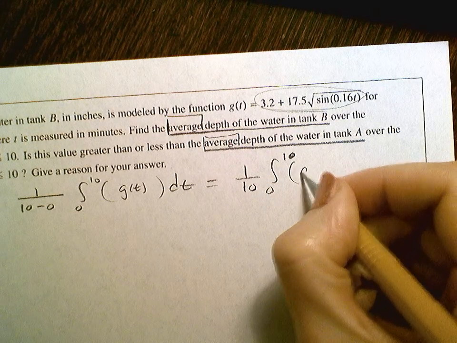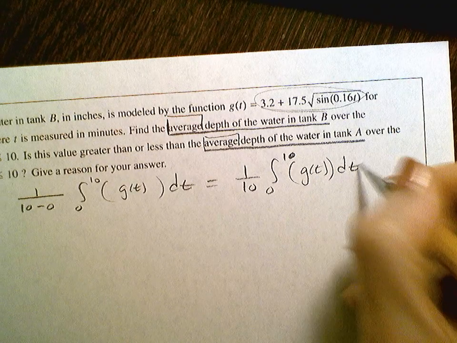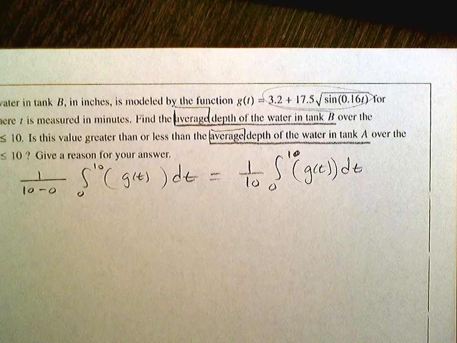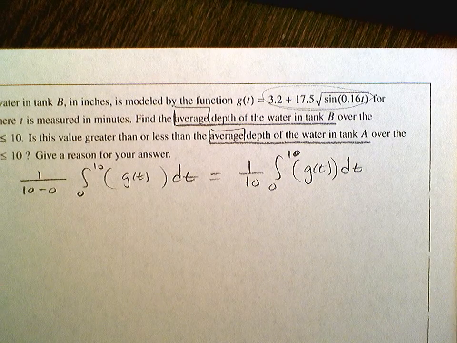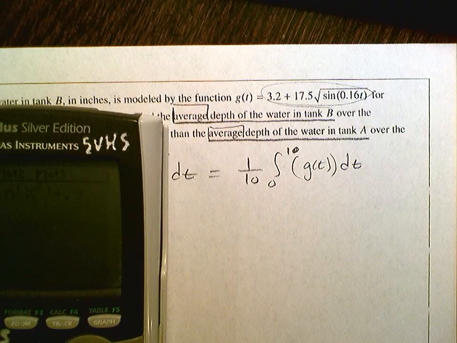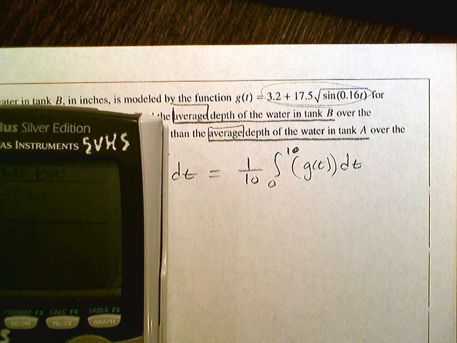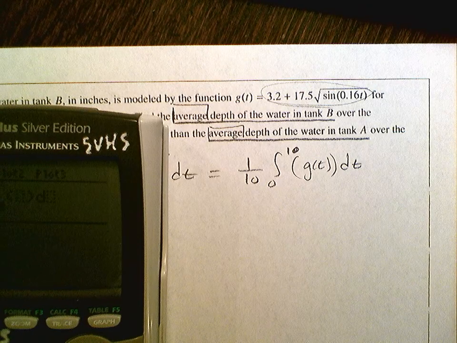But since they've already defined it, you can just go like this, guys, if you want, because we're just going to use Math 9. So I go to my calculator, Math 9.